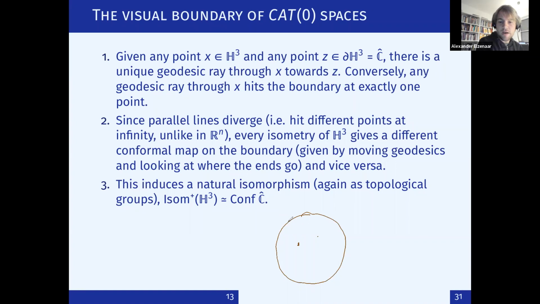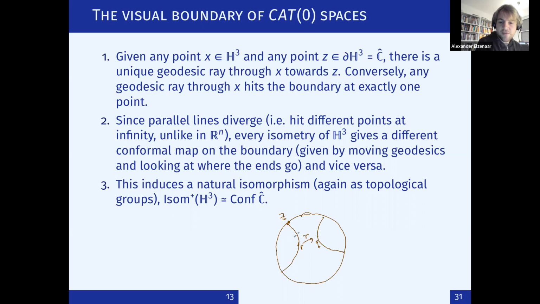If I take a point on the boundary, Z, then there's a unique geodesic through Z and P. If P gets mapped to Q by gamma, then the whole geodesic gets mapped by gamma to a geodesic through Q. So I get a geodesic over here.